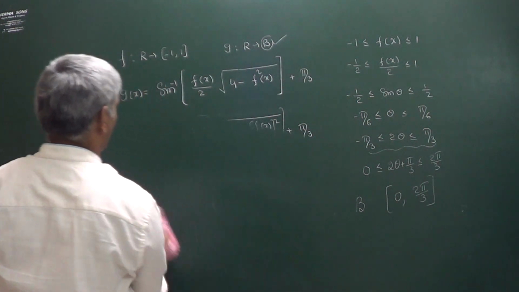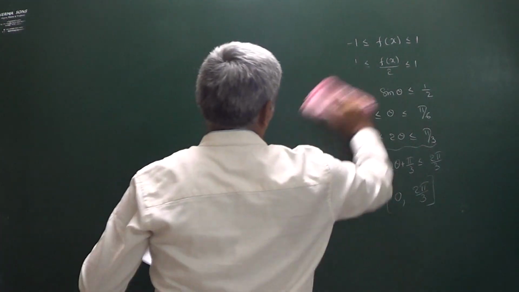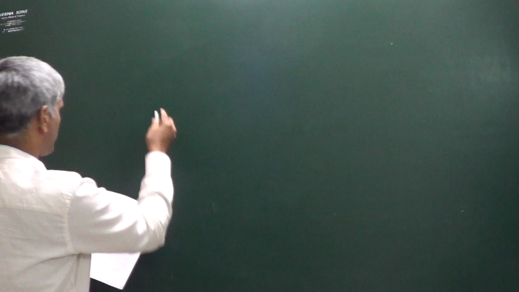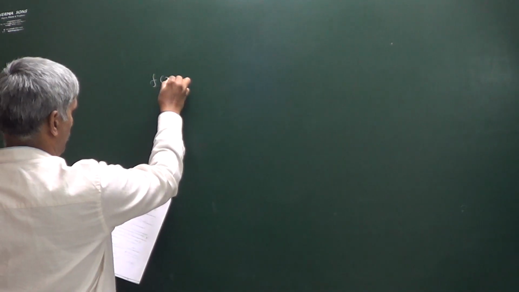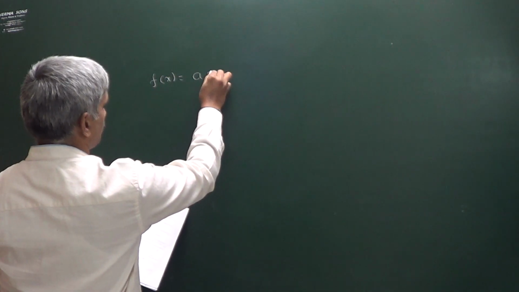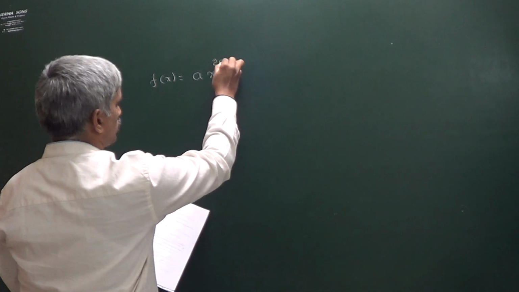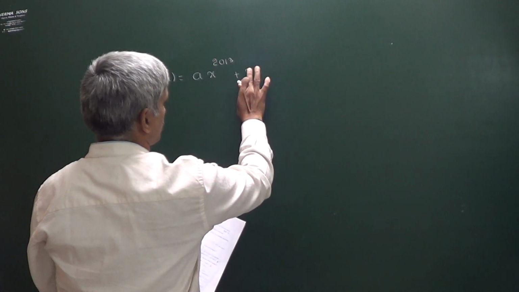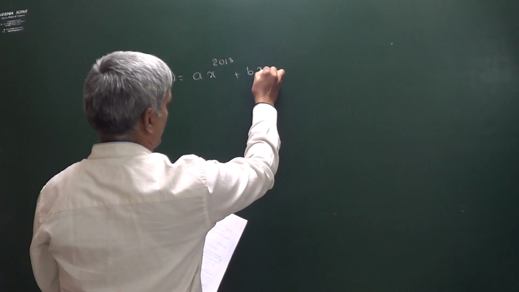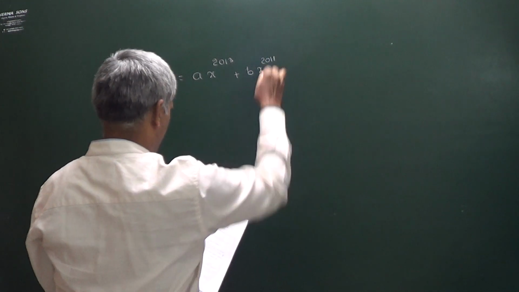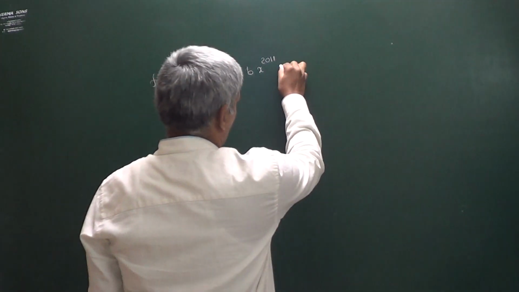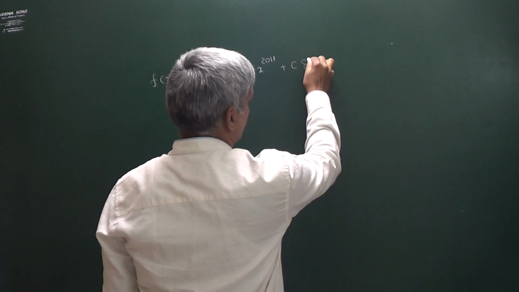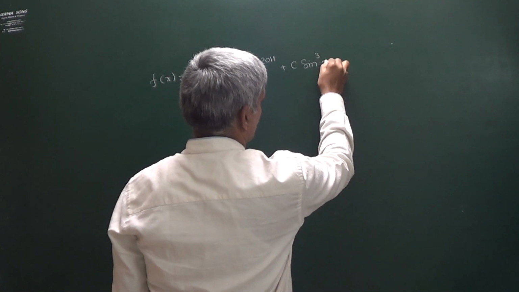The another question is given like this. F of x is equal to a into x power 2013 plus b into x power 2011 plus c into sin cube x plus 20.